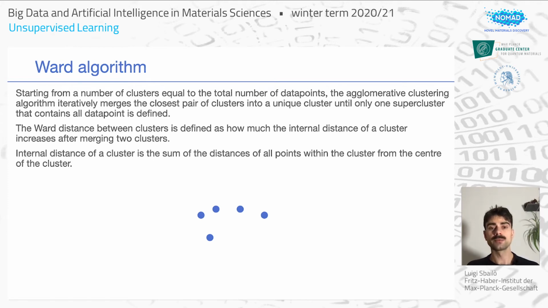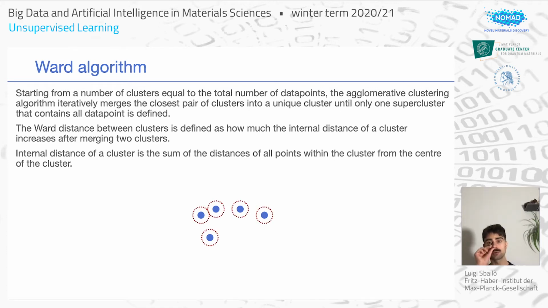So let's first start with the basis of agglomerative clustering. Again, we have here an artificial data set for having a qualitative description of the behavior of our algorithm. And what agglomerative clustering does is to initially place all points in their own cluster.